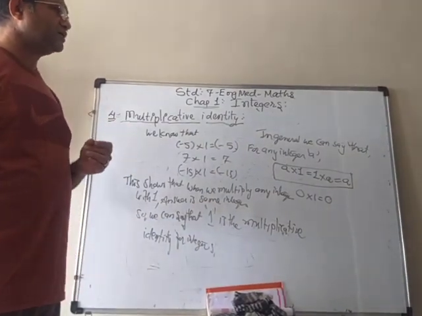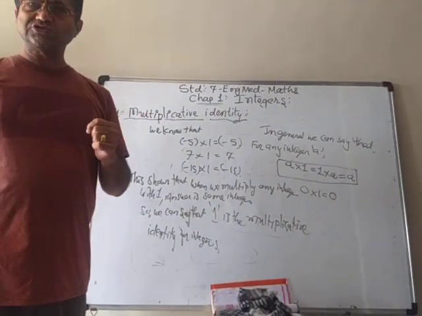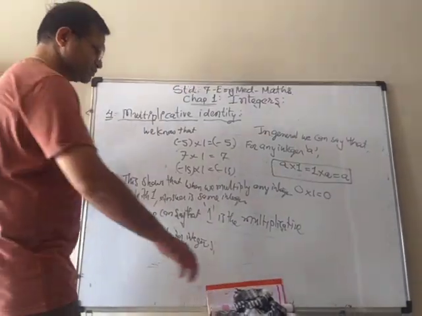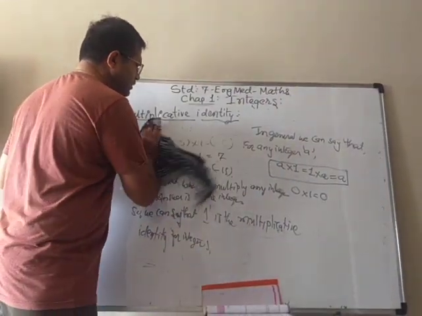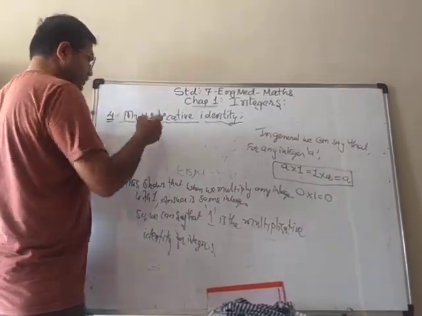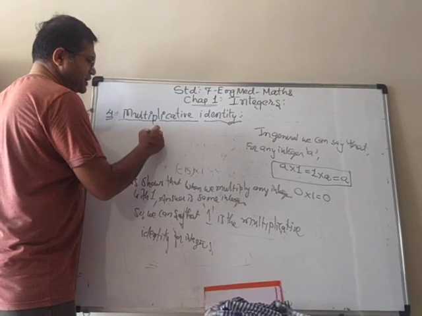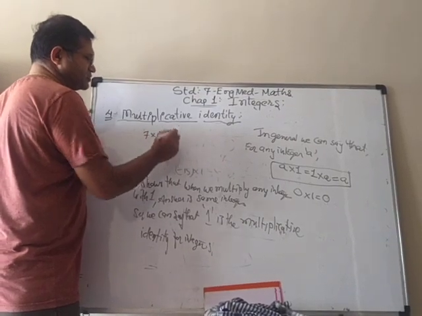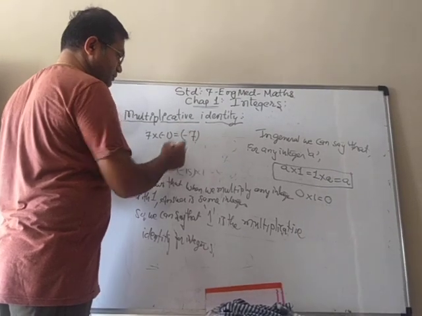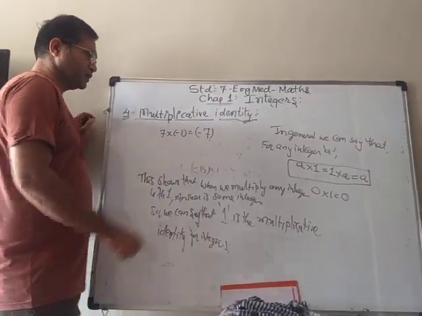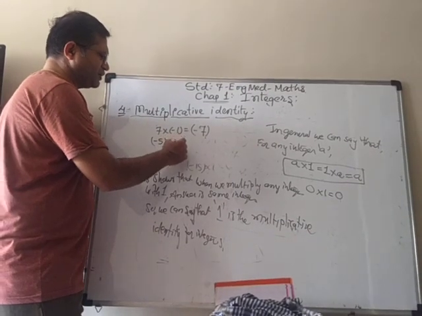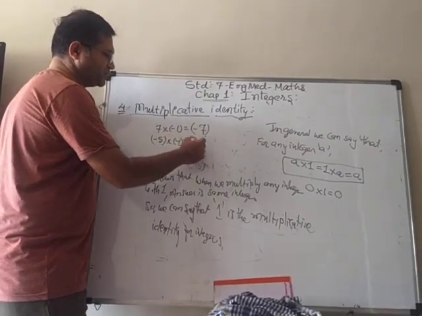Can minus 1 also be the multiplicative identity? Let's check. When you multiply any number with minus 1, let's see what happens. 7 multiplied by minus 1, the answer is minus 7. Minus 5 multiplied by minus 1, negative times negative is positive.